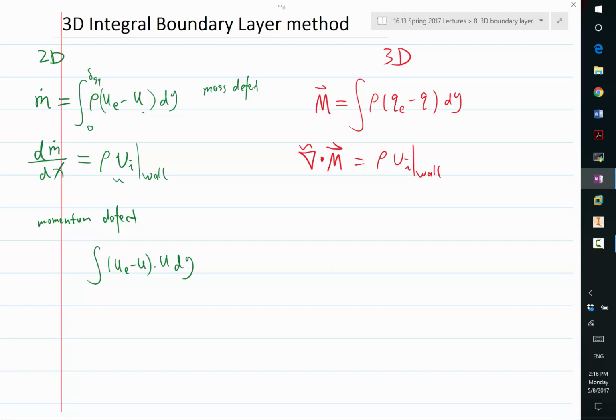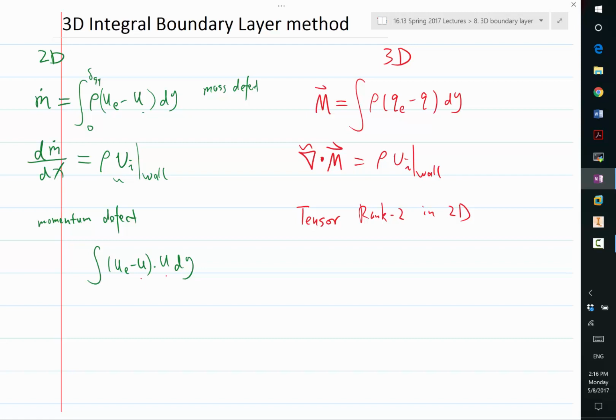And in 3D, we also define the momentum defect, but we have u and u. So the momentum defect is now a what? It's not a scalar, it's a tensor now. It's a rank 2 tensor in 2D, which means if you represent it mathematically, it's a 2 by 2 matrix at every point on the surface.